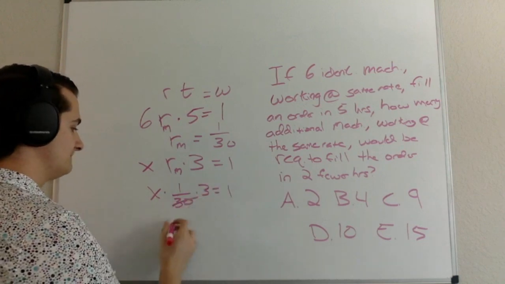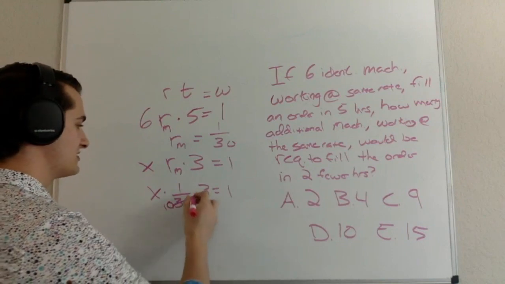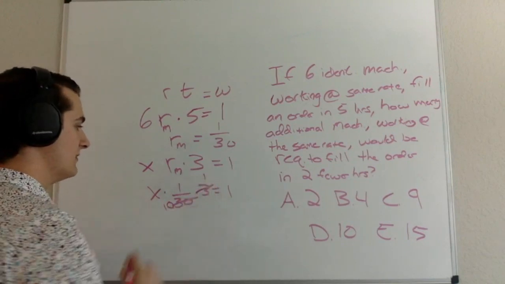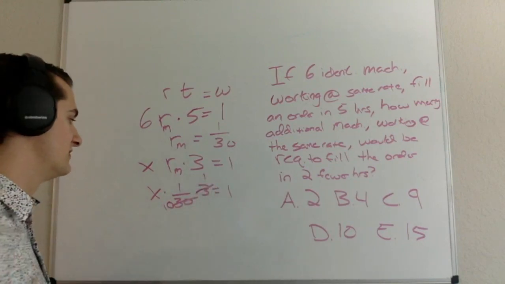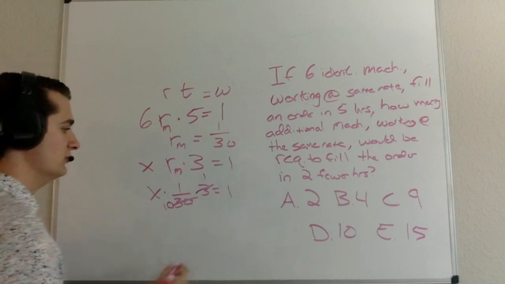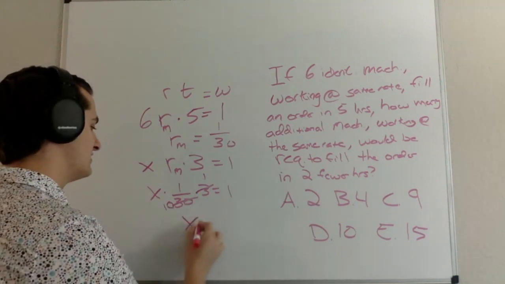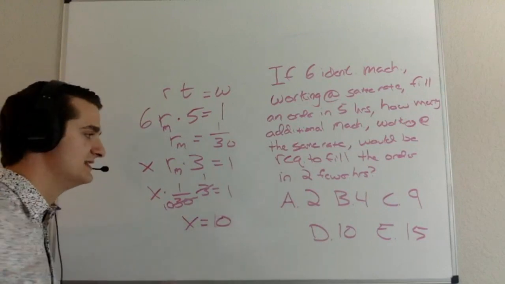Again, here I'm going to be able to cancel that 3 with the 30, and so I have 1 over 10 times x is equal to 1. And so x should be equal to 10.